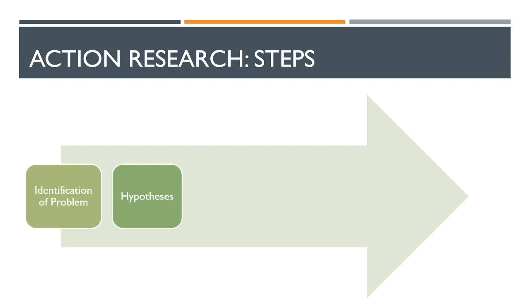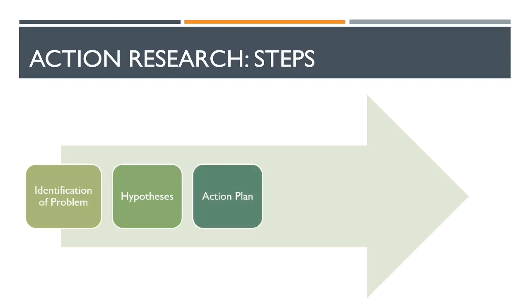The second step is hypothesis. Here, you will hypothesize about the reasons of the problem. For the above problem, we can make a hypothesis that if less content is provided to students, their handwriting will be improved.